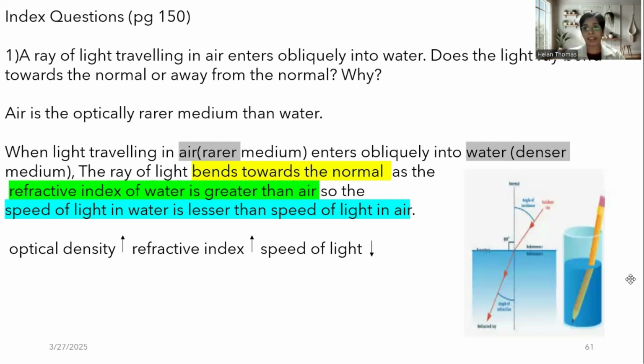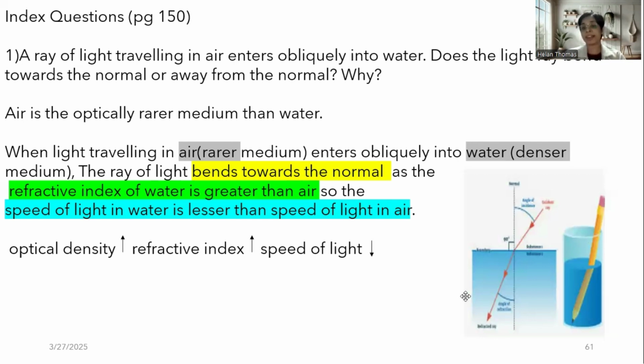The light ray that enters from the rarer medium reaches your eye. So as the pencil is immersed in water, you tend to see the pencil as cut or broken at the point of interference. Why?